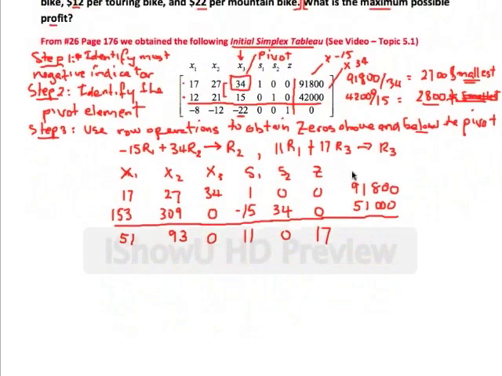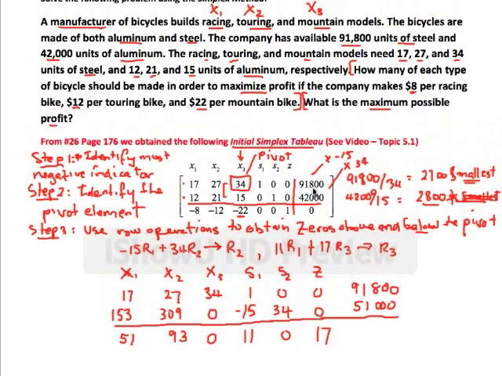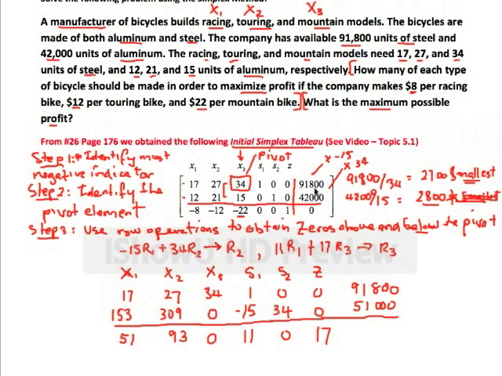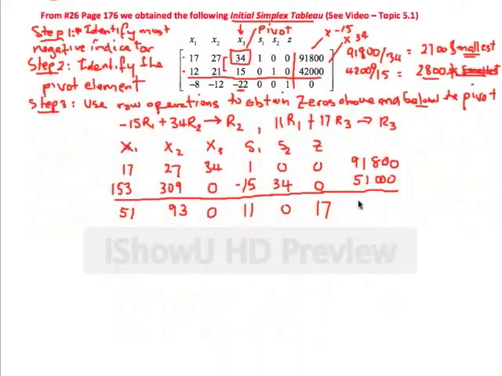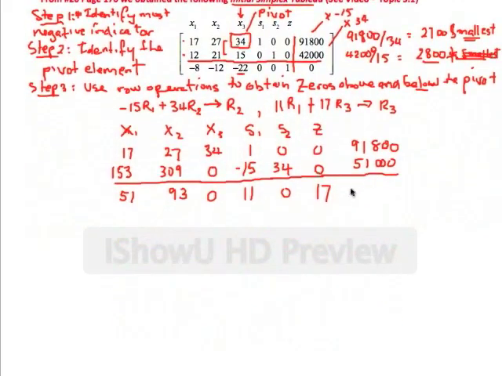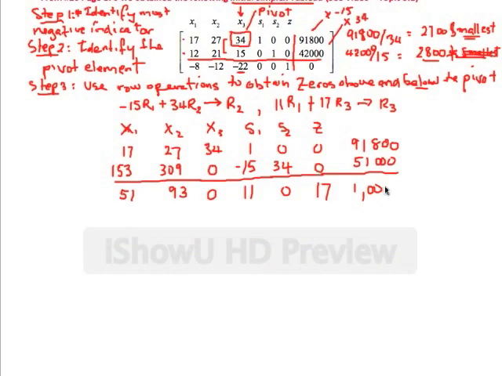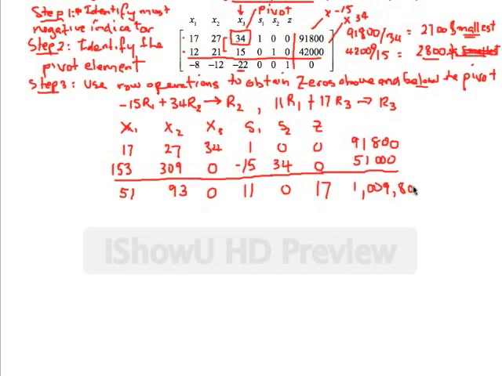Okay, and now, this is an interesting one, we're multiplying this 91,800 by 11 and adding to 0. So 91,800 times 11 will give us 1,009,800.